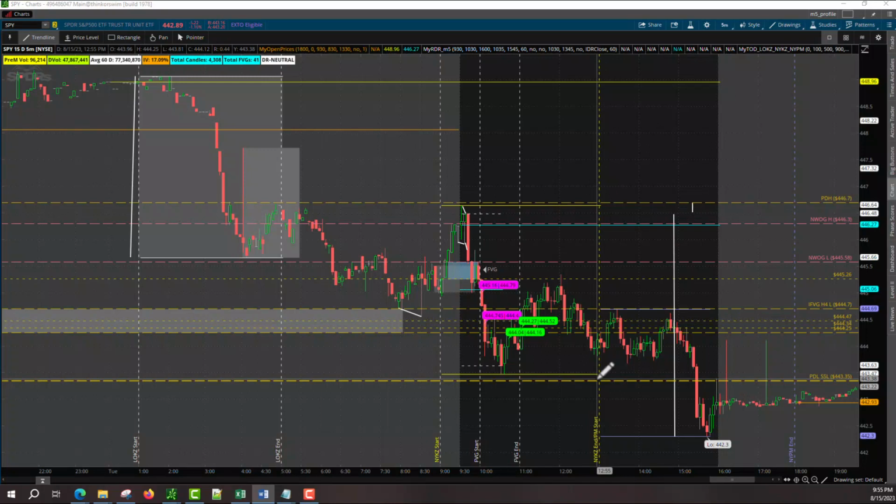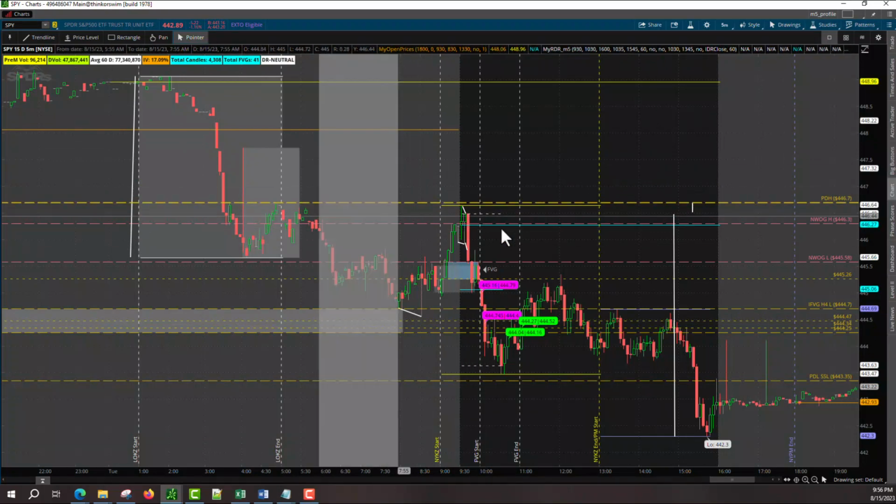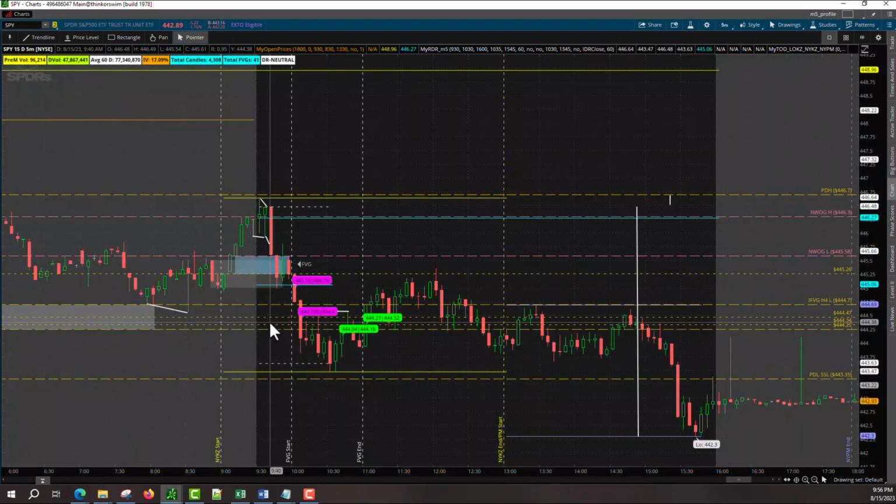But if you miss the entry day here, then I think you can re-enter right here. You know why? Because we have the fair value gap in this time frame. This time frame is very critical.